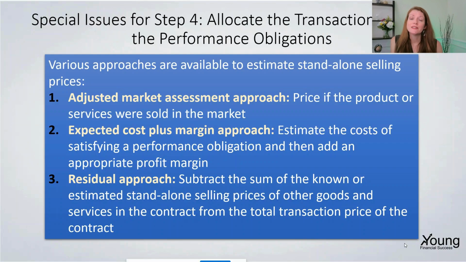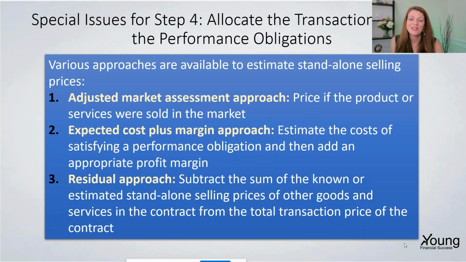Or you could use the residual approach. Subtract the sum of the known or estimated standalone selling prices of other goods and services in the contract from the total transaction price. So we have multiple performance obligations happening in one contract, and we need to give them standalone prices that are allocated to each performance or to each good.